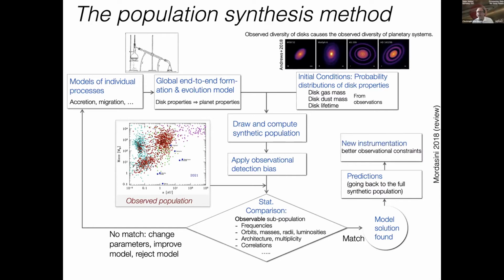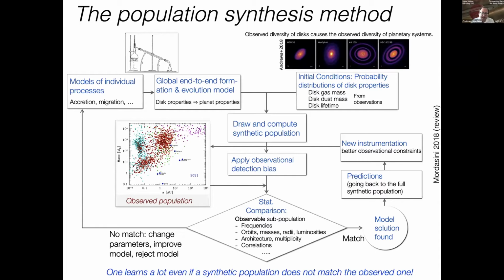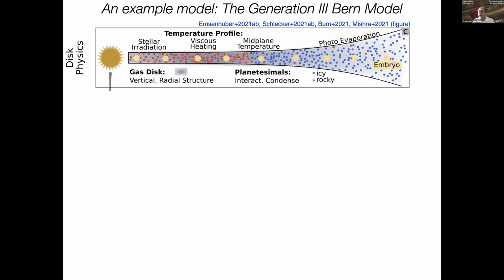And we can even use that to design instrumentation which yields the most compelling constraints. And this then goes into the observed population. And then we basically have another feedback loop which helps to improve our understanding. And it's important to see here that one learns a lot, even if a synthetic population does not match the observed one.